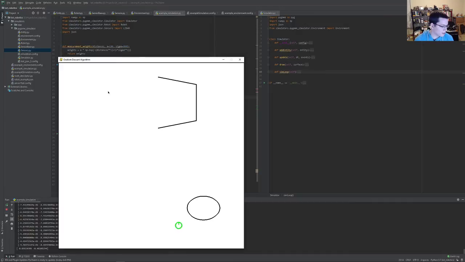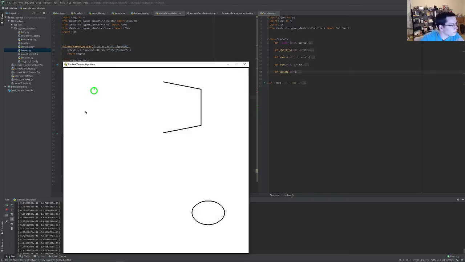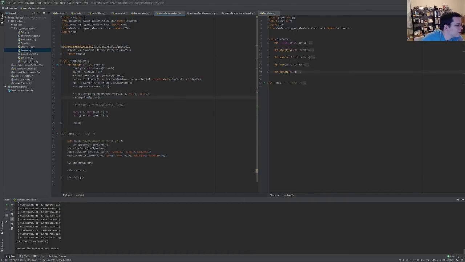Oh, interesting. That is so odd that it follows the line there for a little bit. And now it's stuck. That's not supposed to be negative then. Are these backwards? These may be backwards.